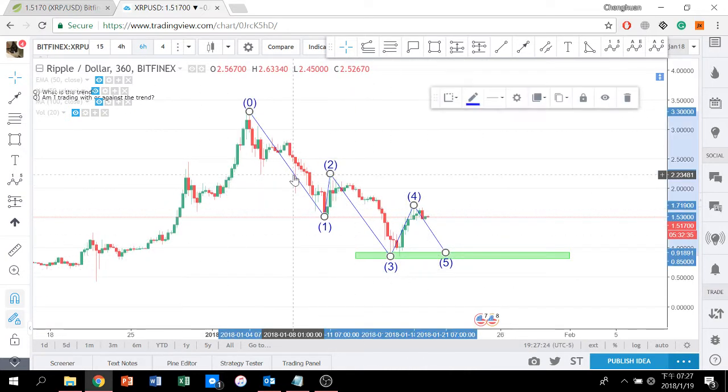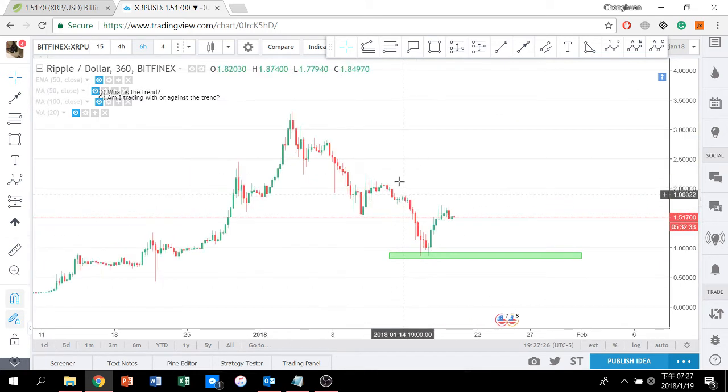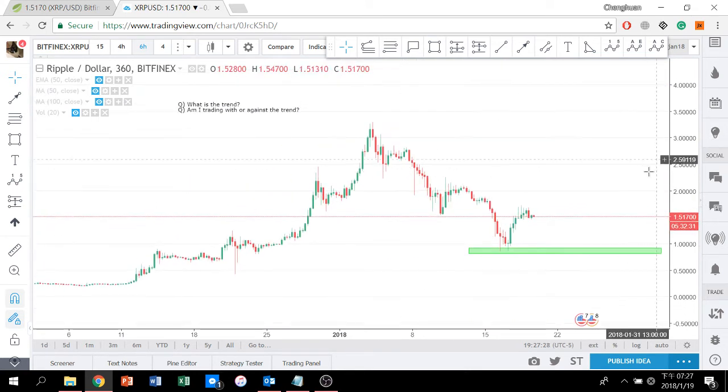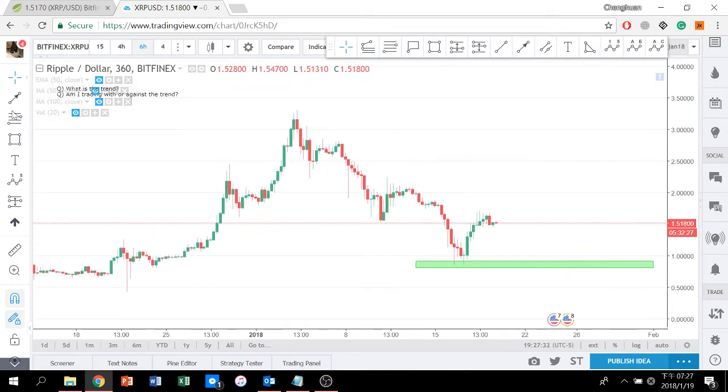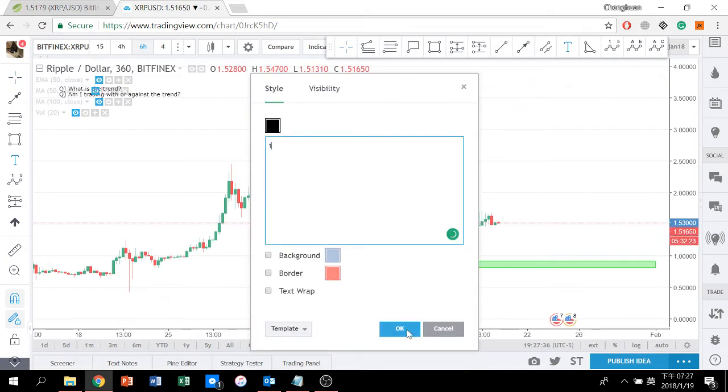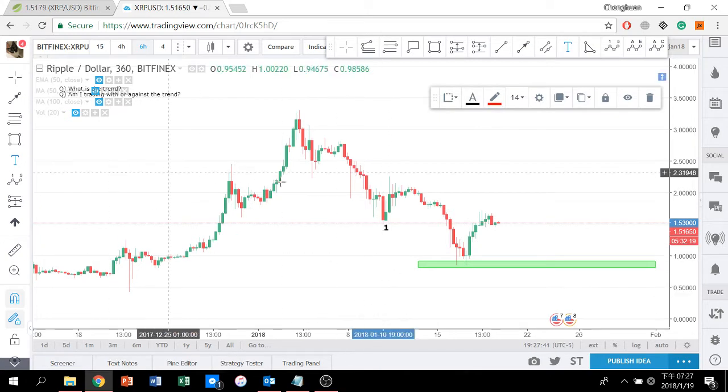And for people that cannot, there's another way of drawing it that would show that the downtrend is over, which is this one, because I labeled this as wave 1, right? Some people might think that this is wave 1.